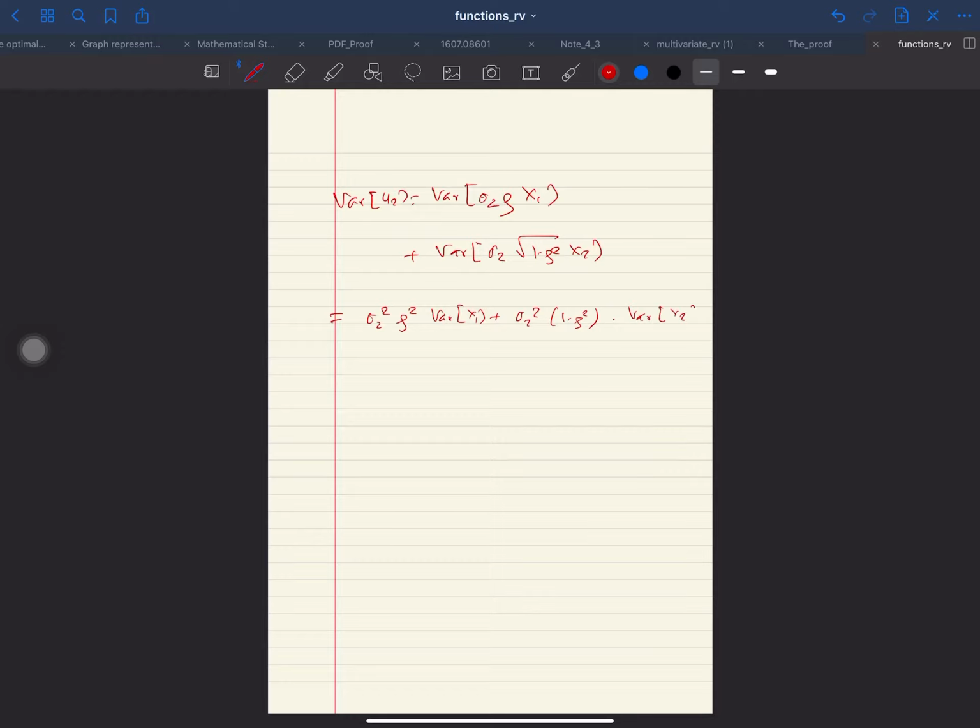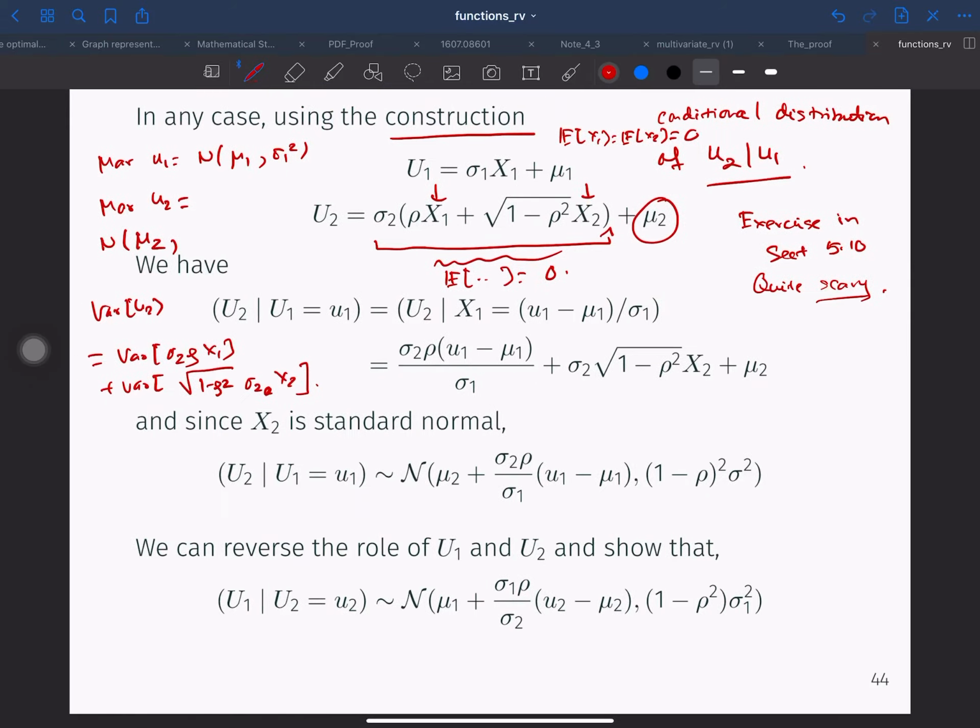But variance of x2 is equal to 1. And so this becomes sigma 2 squared. So marginally, u2 is normal mu2, sigma 2 squared. And we can derive this without the need to do any integration. So that's the power of this linear transformation.